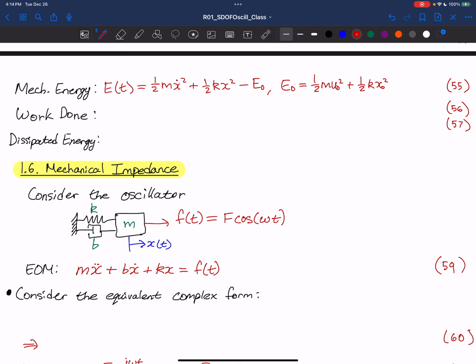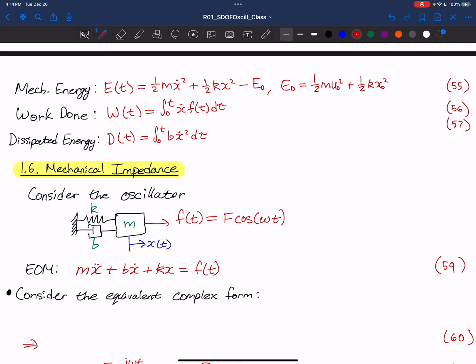The work done, we can call that W of t. That is equal to the integral from 0 to t of x dot times f of t d tau. And then the dissipated energy, I like to use big D. That's equal to the integral from 0 to t of b x dot squared d tau.